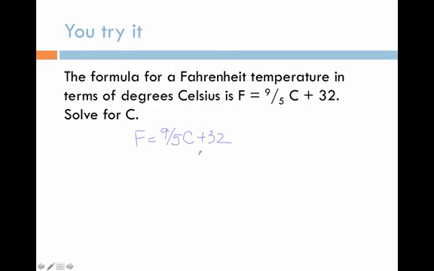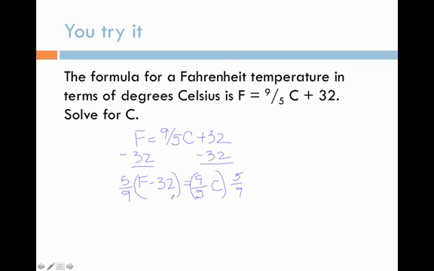I'm going to subtract 32 from both sides so that I have Fahrenheit minus 32 equals 9/5 C. I need to divide by 9/5 or multiply by the reciprocal, which is 5/9. And I'm multiplying this side also by 5/9.